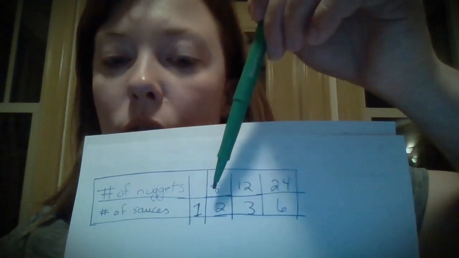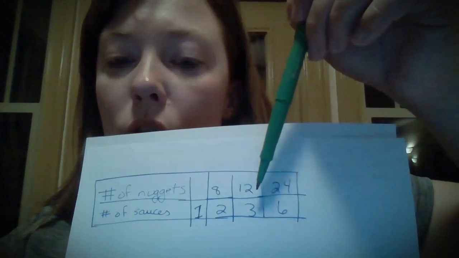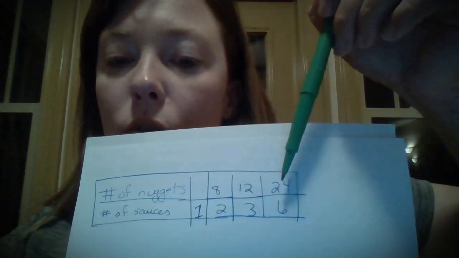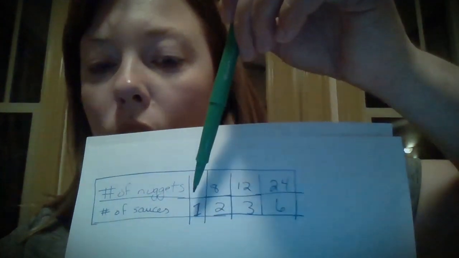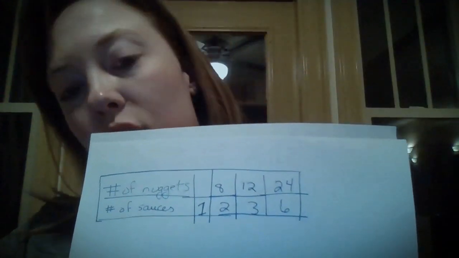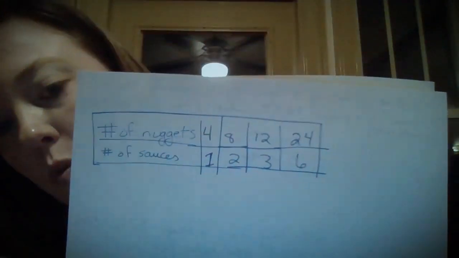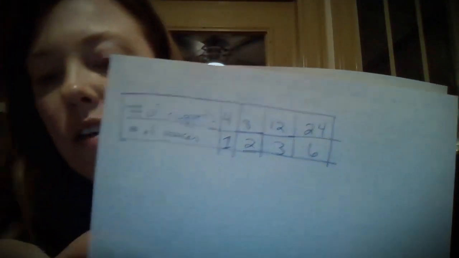We know that 2 times 4 is 8, 3 times 4 is 12, 6 times 4 is 24. So 1 times 4 is 4. So for every packet of sauce, you get 4 nuggets. So there's your final answer. Just one more way to show unit rate, depending on how you're most comfortable.